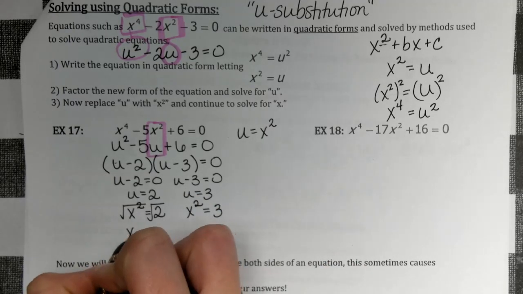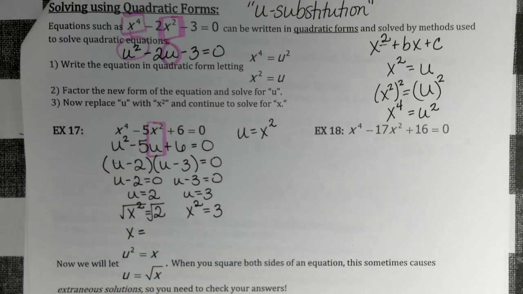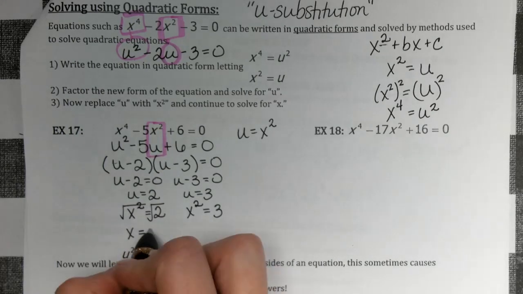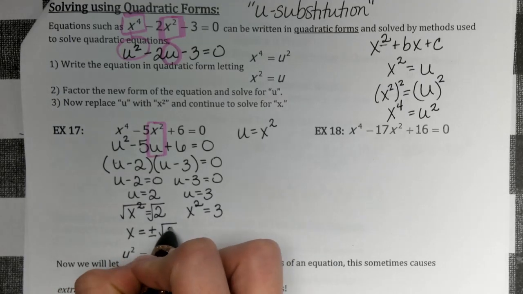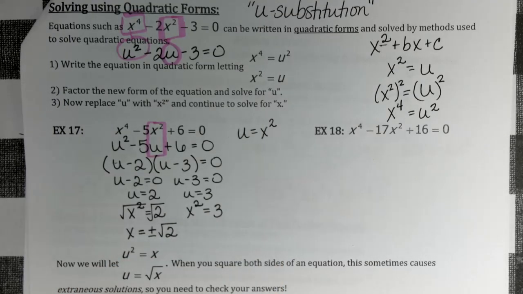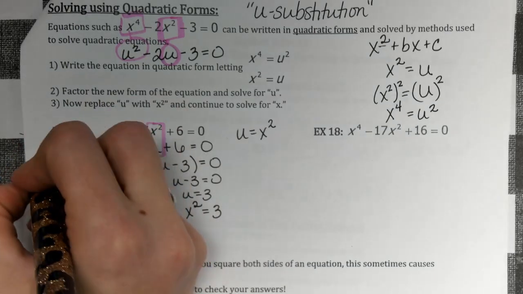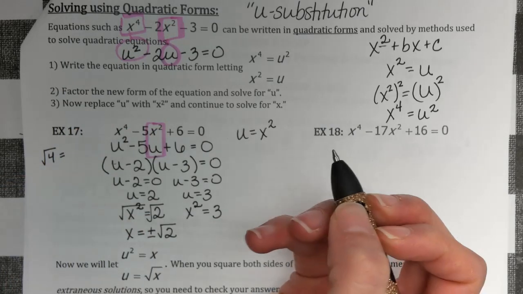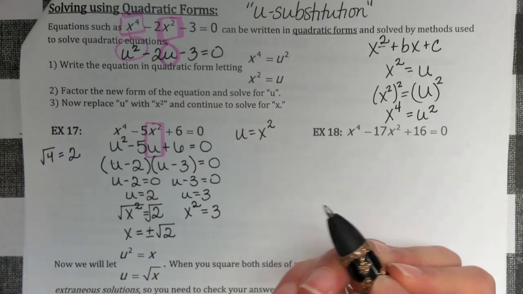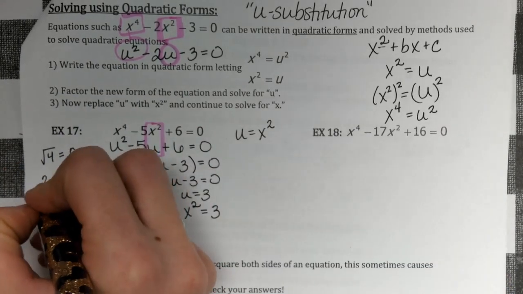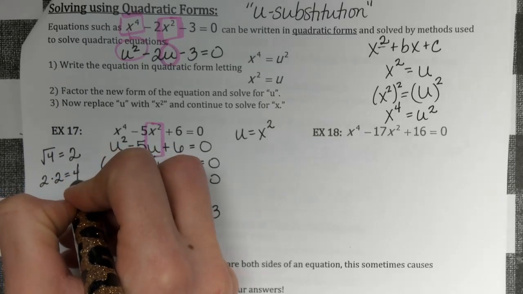Square root both sides. Do y'all remember what you need when you have a square root when you're solving? X equals plus or minus the square root of 2. Y'all know why we do a plus or minus? If I took the square root of 4, what do you know that to be? 2, because 2 times 2 is equal to 4.